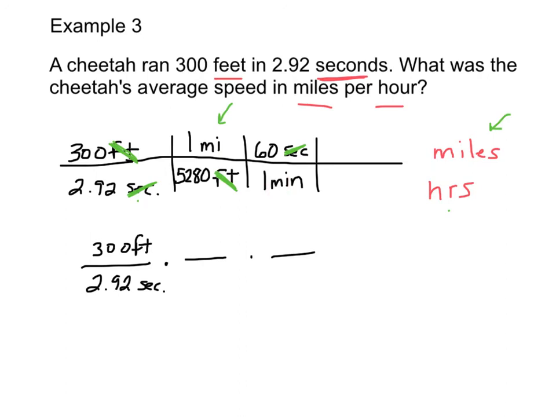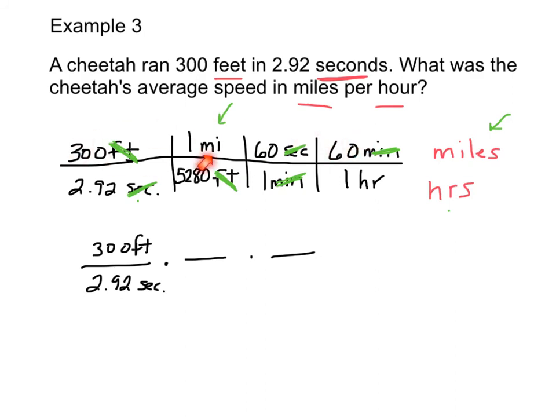So what do we know about minutes and hours? We know that there are how many minutes in an hour? Well, there's 60. So because minutes is on the bottom, we want to put minutes on top so it cancels. So 60 minutes in 1 hour. And once again, the label of minutes, one on top, one on bottom, they cancel. So what you are left with is this. 300 times 1 times 60 times 60.